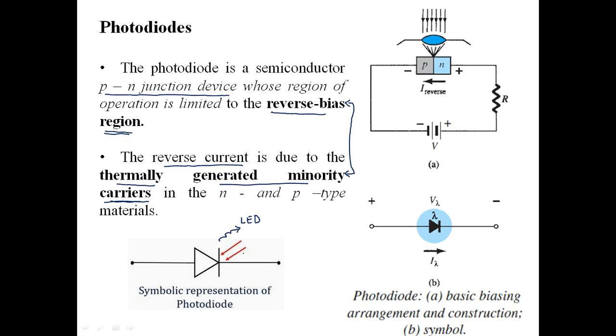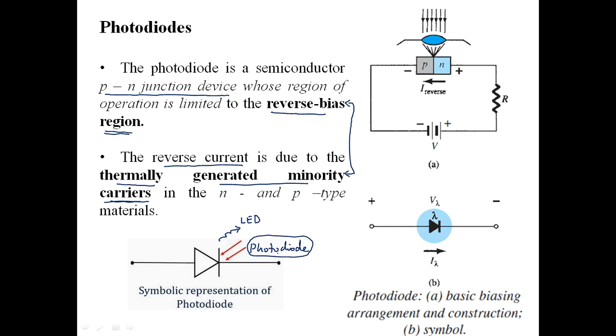Since the arrow is pointing inwards, that represents a photodiode because light is an input parameter. So you should be very careful in observing the direction of the arrows, which represents the light energy. Here light is taken up as an input parameter.